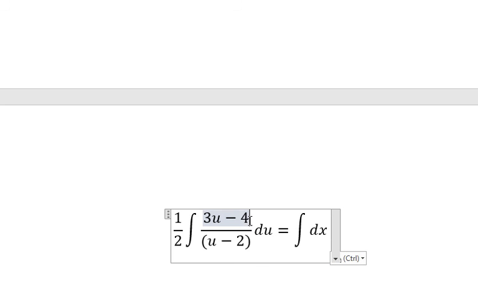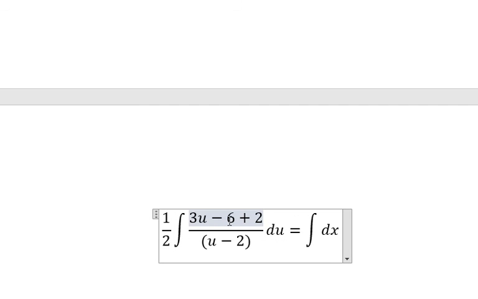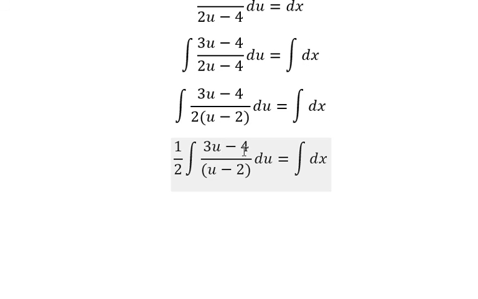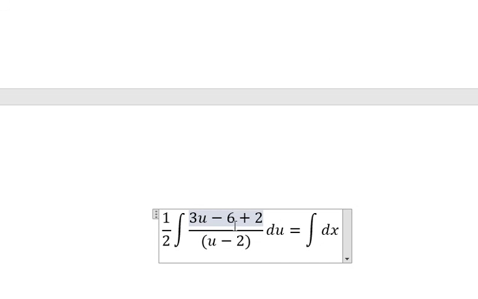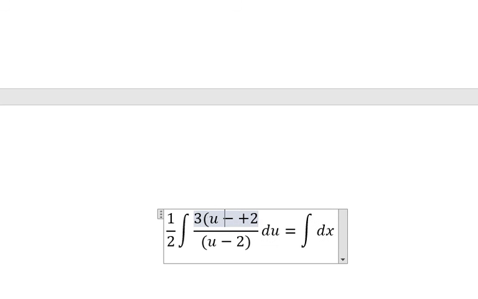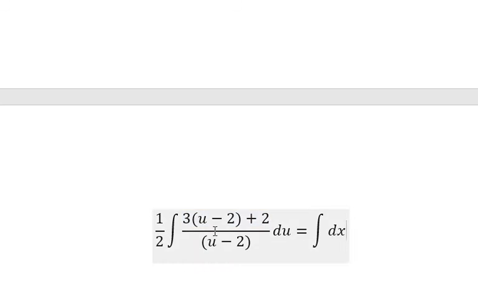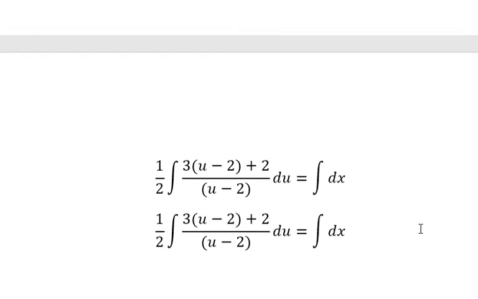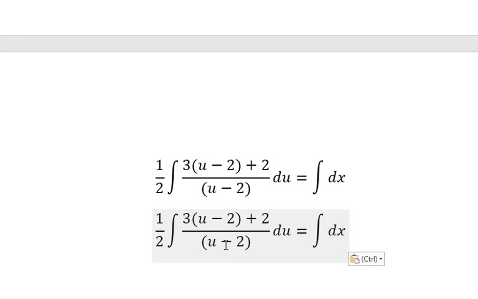So I will need to put negative number 6 plus 2. Because negative number 6 plus 2, you get negative number 4. And then we can do factorization in here. U minus 2 divided by u minus 2, you get number 3 in here.